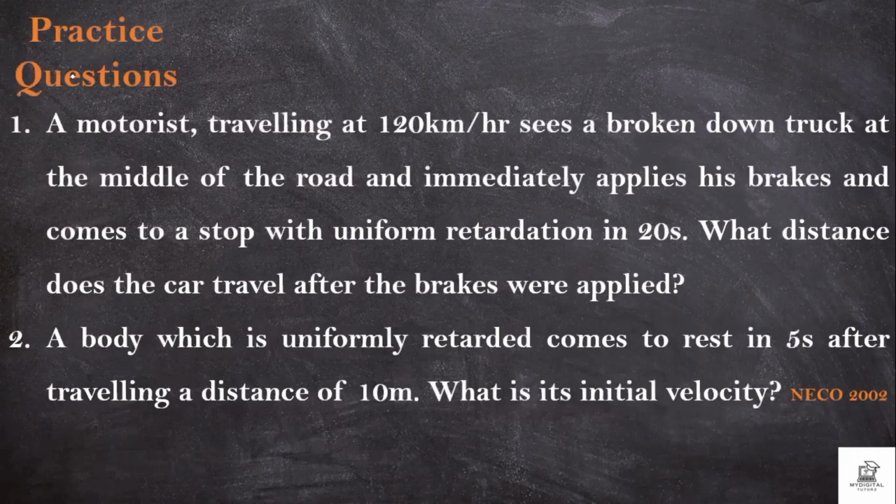Now let's do the practice question. I hope you have tried it and I believe you have gotten the right answer. But see how I'm going to do my own here. So solution. According to the question, it is traveling at 120 kilometers per hour, which is the velocity. So here, the initial velocity u is equal to 120 kilometers per hour.